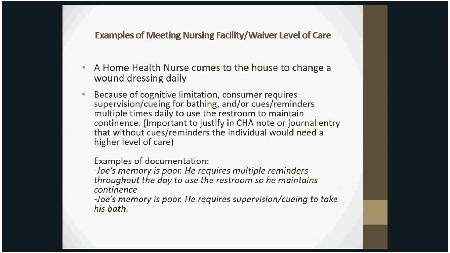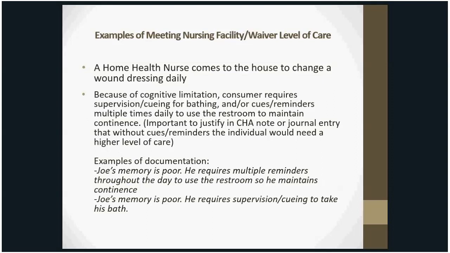It's just very important that on your community health assessment, or your CHA, you're journaling an entry that says, without cues and reminders, this individual would need a higher level of care.